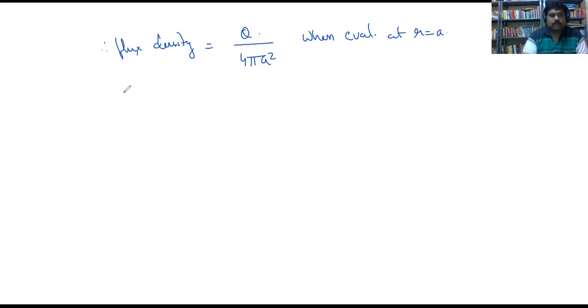Now, what is the direction of the flux? Can anybody tell? So this is at r equal to a. The direction of the flux is always perpendicular, and there are reasons why this is perpendicular, which we'll discuss later. If this is xi, what is the direction of the lines of force here? It is in the a_r direction. Why do we write a_r? Because we are taking the sphere as a reference, and because it is a sphere, it's better to take the spherical coordinate system.